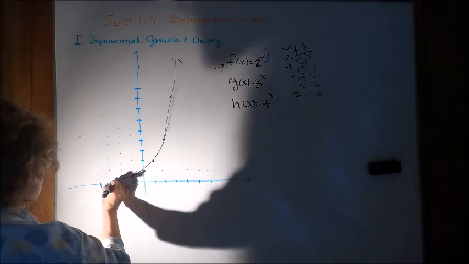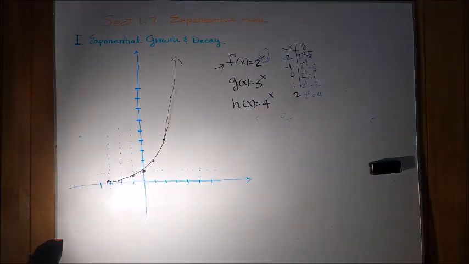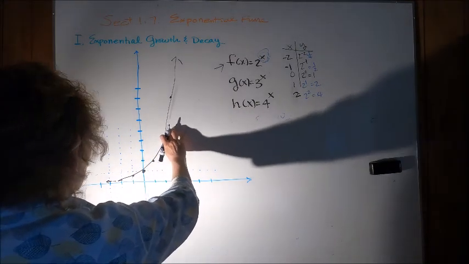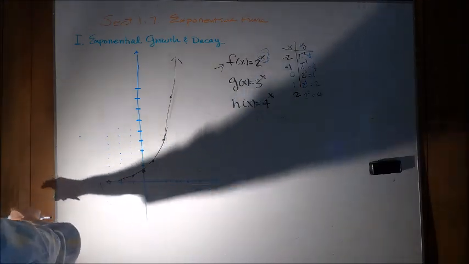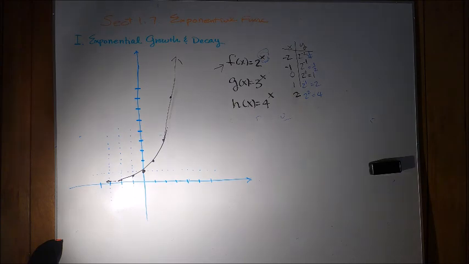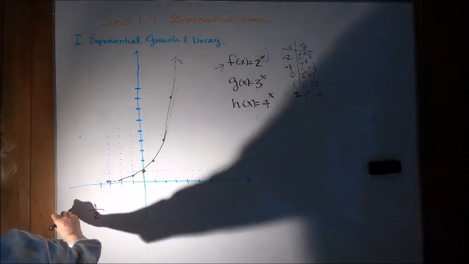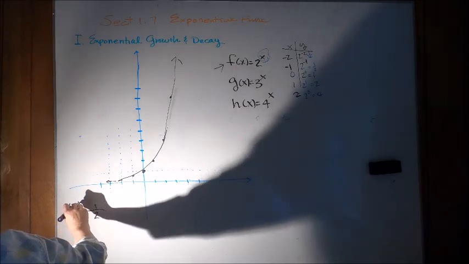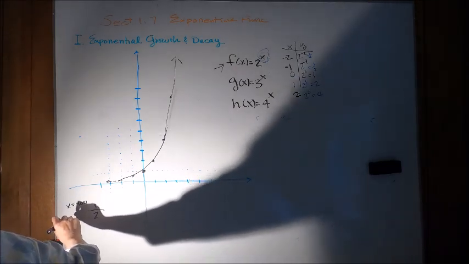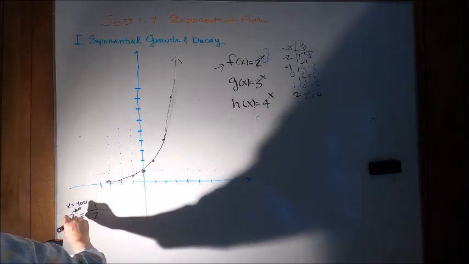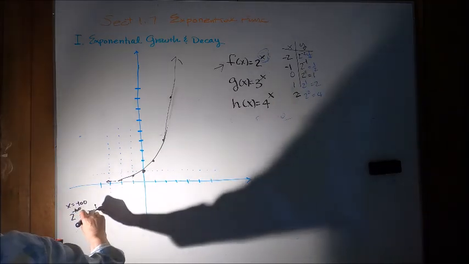And getting smaller and smaller. It doesn't matter how small the x is to the infinity. So if, say, x is negative 100, so your 2 to the negative 100 is what?